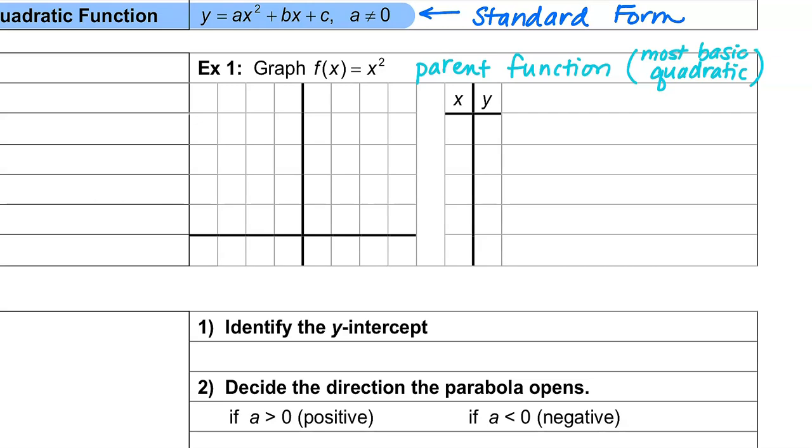So let's plug in some values. We're going to plug in values. Let's plug in -2, -1, 0, 1, and 2.